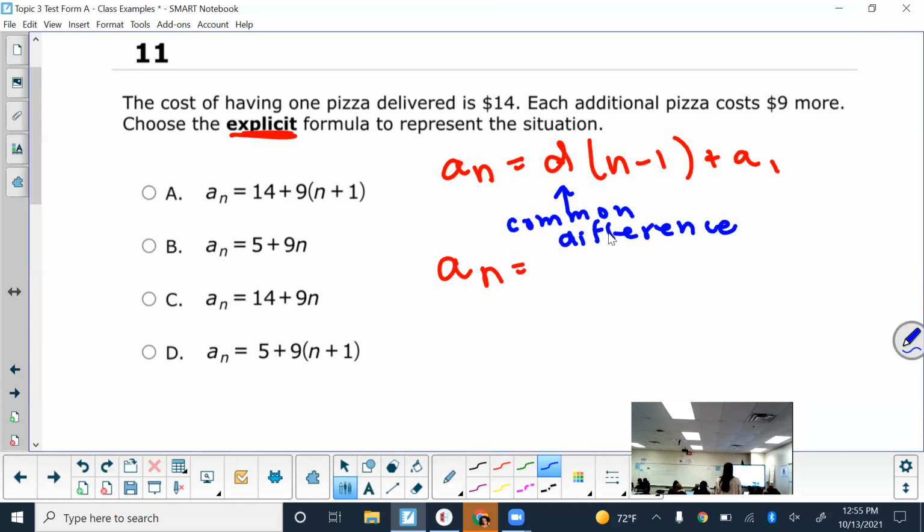In your sequences, because that's what this lesson was under, it is the number that it's changing by each time. So is it gonna be the one pizza delivered for $14, or is it the additional pizzas that cost $9 more? It is the additional pizza.